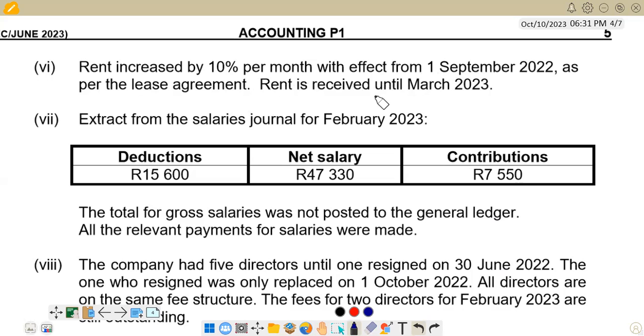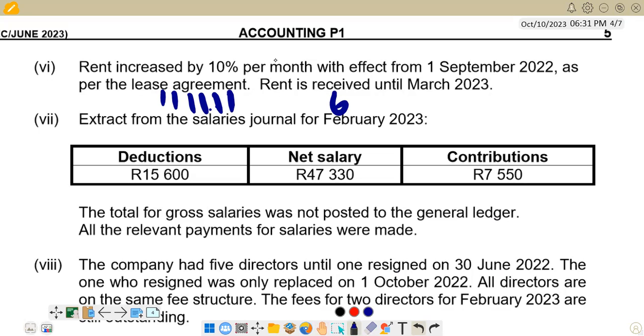Let's see how many months there were before it increased. From the start of the year, we have the month of March, then April, May, June, July, August. So in these months, the rent had not yet increased. How many months do we have there? 1, 2, 3, 4, 5, 6. So we have 6 months.